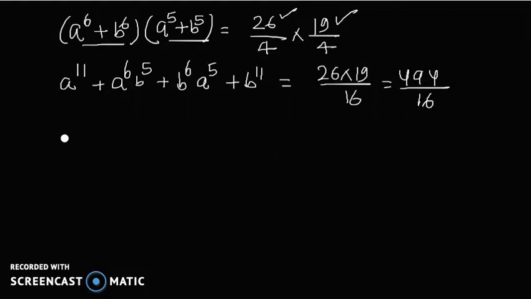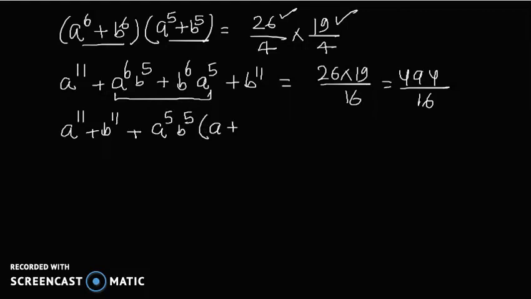Now this part, a raised to power 11 plus b raised to power 11, we can separate out, and here for these terms I can take away a raised to power 5 times b raised to power 5, and here I can write a plus b.